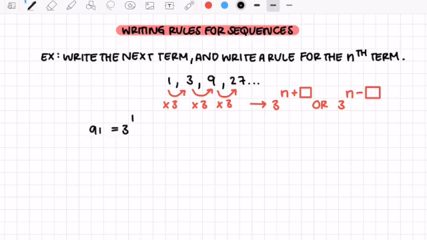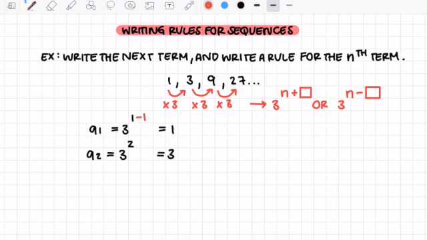Again, I want it to equal 1 in the end, which seems to be minus 1, because 3 to the power of 0 would equal 1. Let's test it out for the second one. We have here a2, 3 to the power of 2. Let's see if that equals 3.